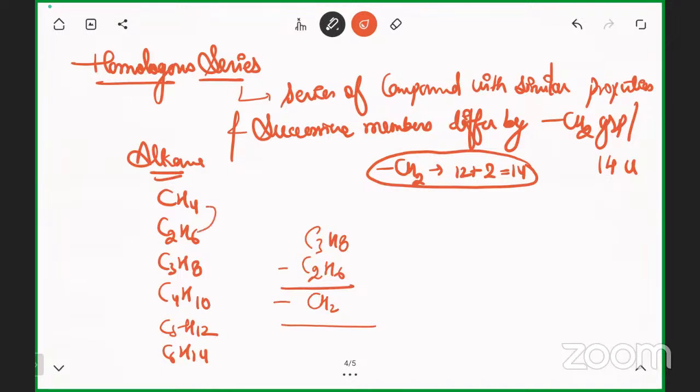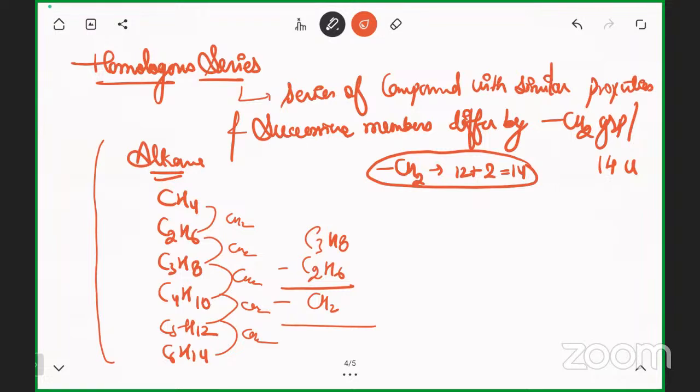So every member of this series differs by the CH2 group, and now you can say that this is a homologous series because of the definition: series of compounds with similar properties and successive members differing by CH2 group. Their chemical and physical properties will be the same.